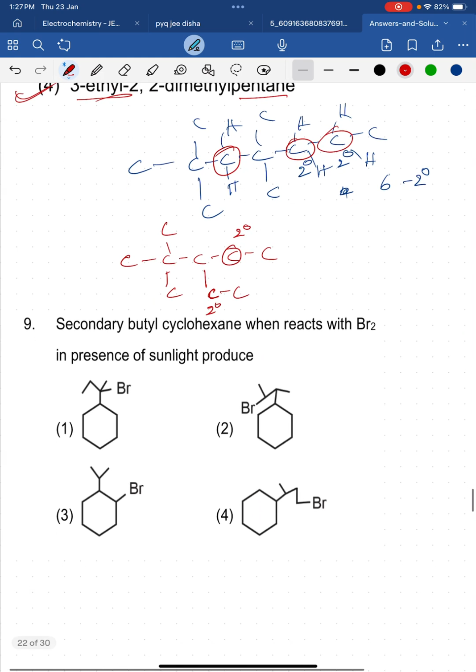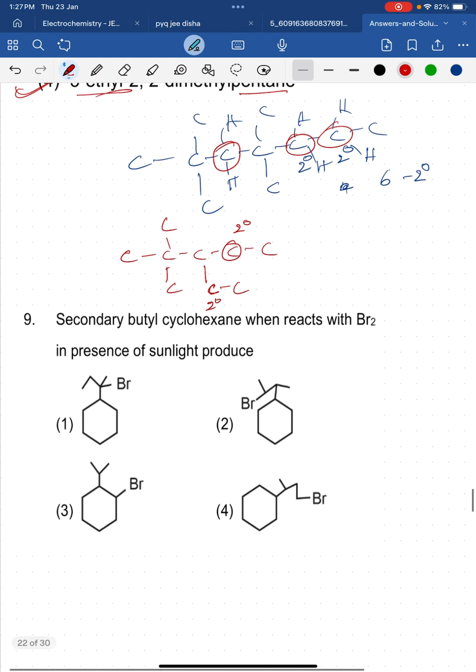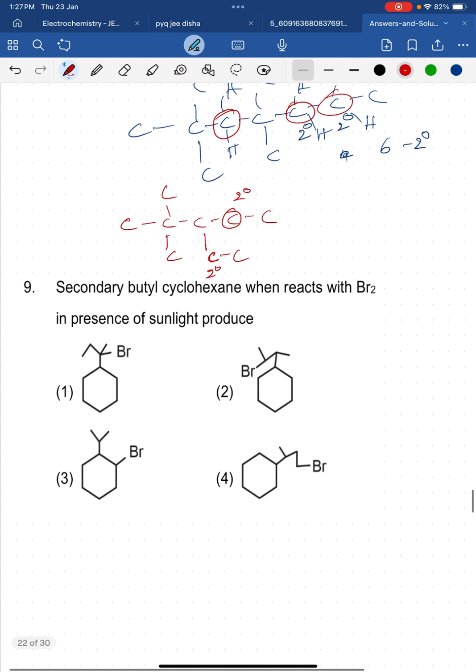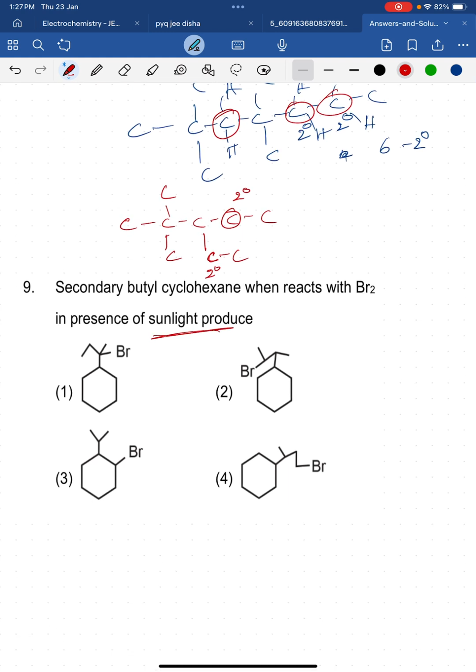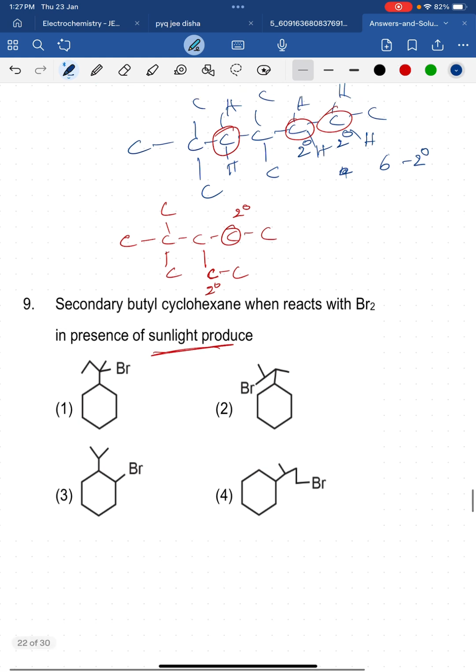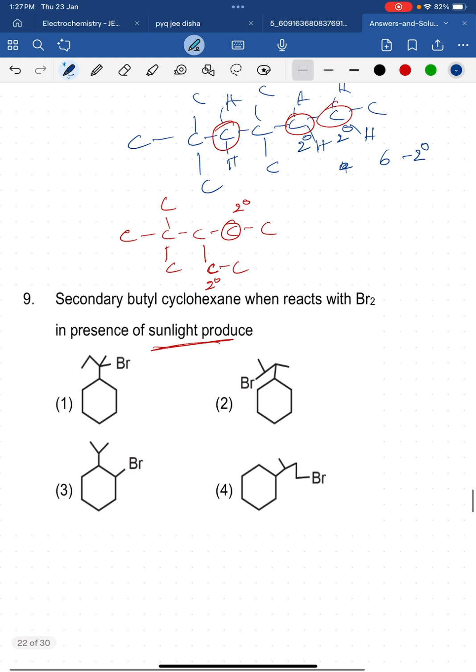Secondary butyl cyclohexane, when it reacts with Br2 in the presence of sunlight, is a free radical substitution reaction. Now we can see the free radical substitution reaction. Secondary butyl cyclohexane: cyclohexane is the structure. Secondary butyl means attached at a secondary carbon.